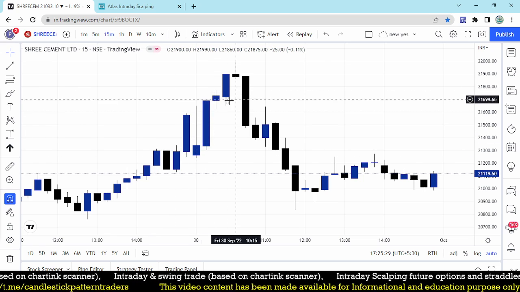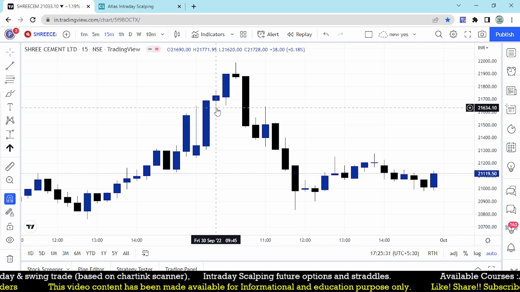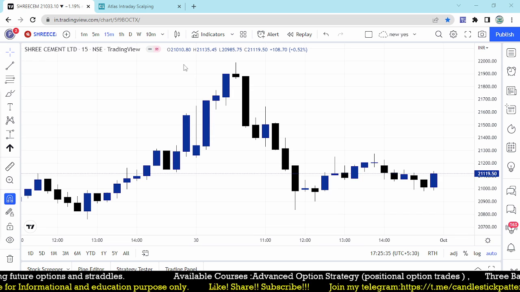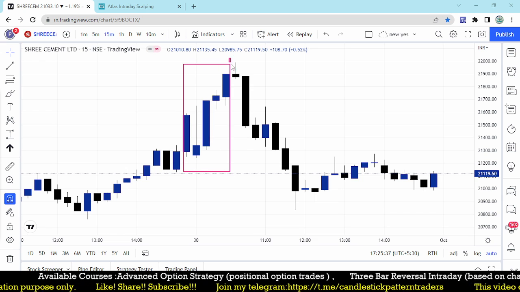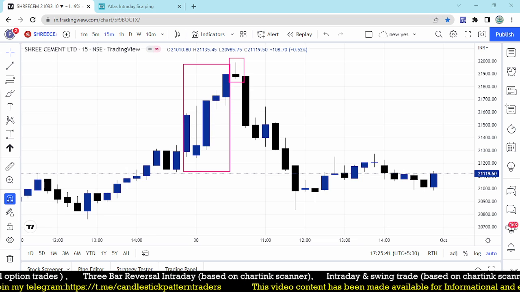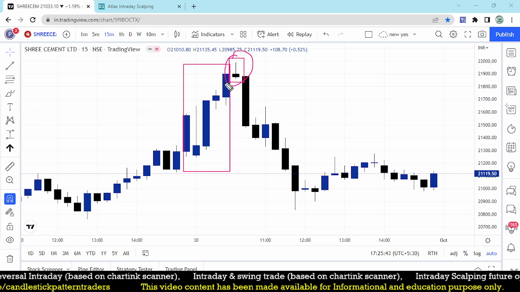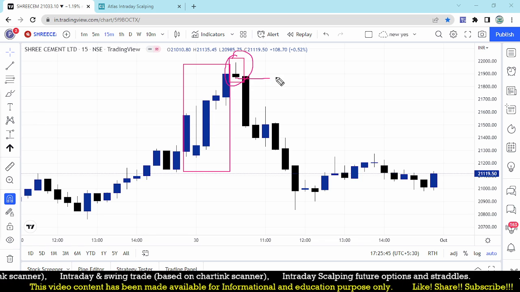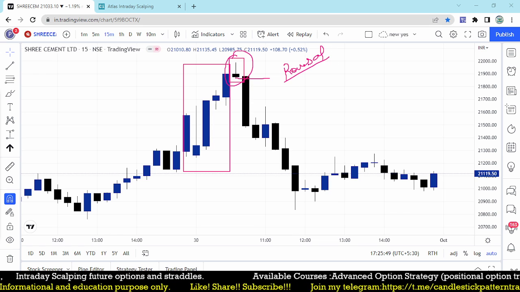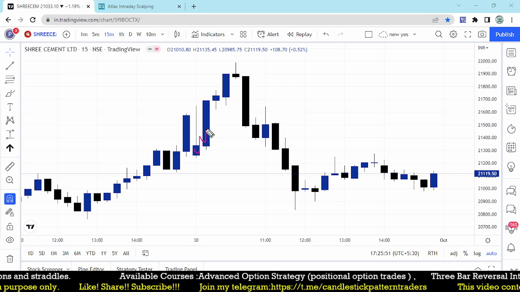This 4th candle may get your target triggered. So 4 consecutive up candles, then there is a reversal candle that I'm telling you. Any reversal candle on the 3rd or 4th candle would be a great reversal opportunity.